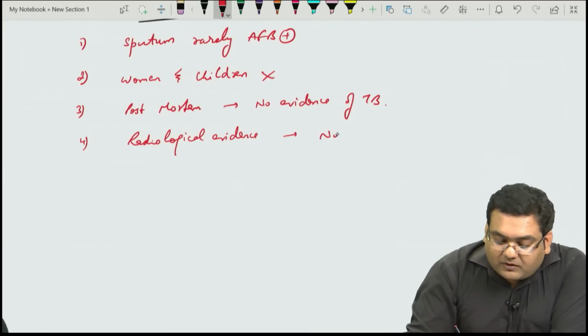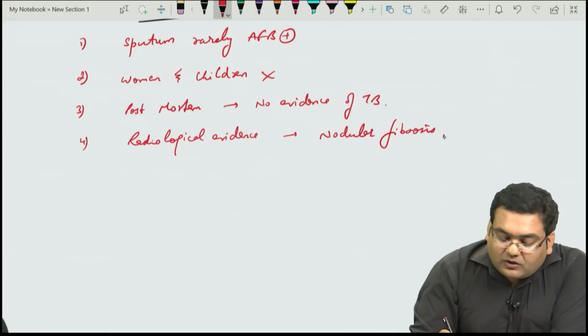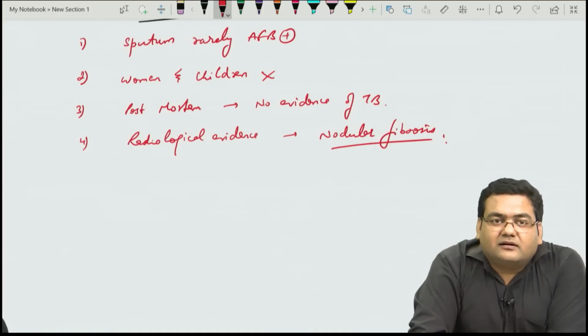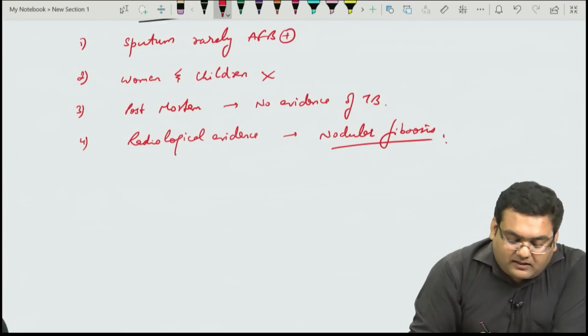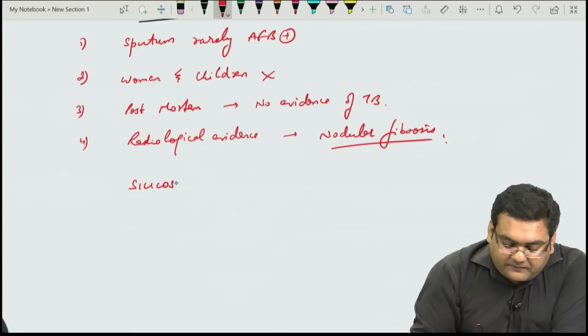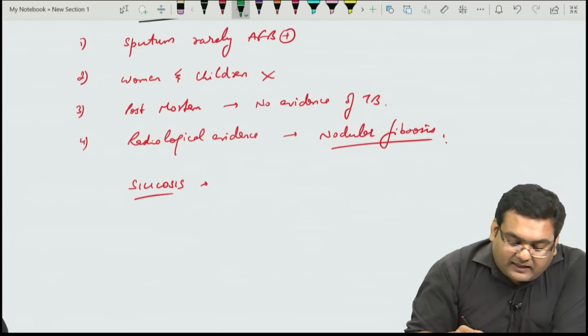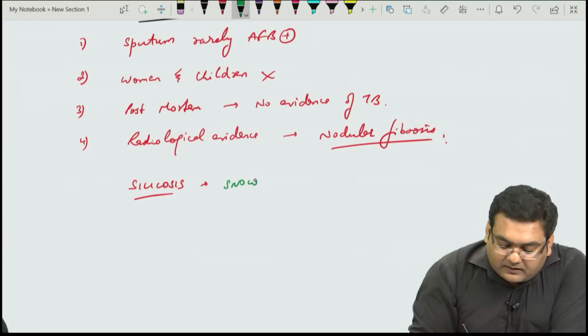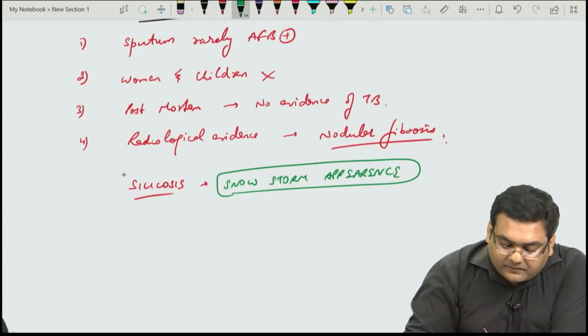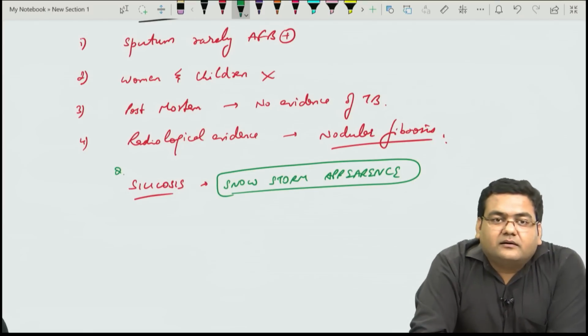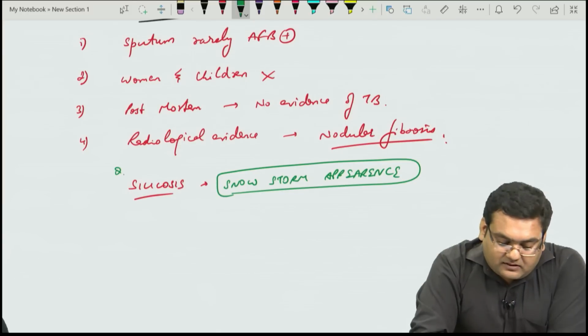Both show nodular fibrosis in silicosis, whereas in tuberculosis cavitation is seen. Plus in silicosis a characteristic snowstorm appearance is seen, which is a hallmark for silicosis in chest X-ray findings.